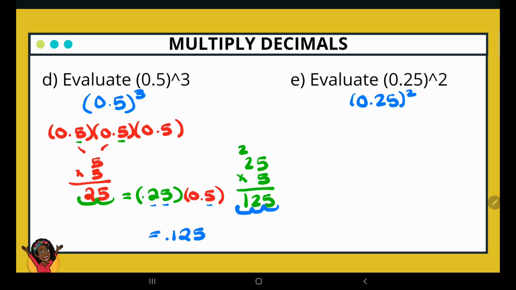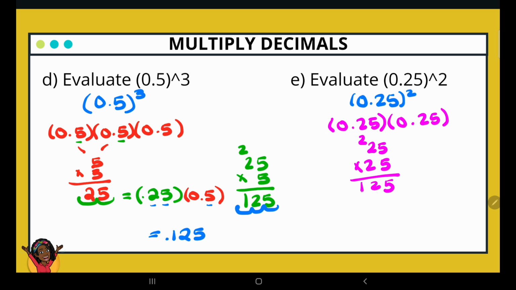Now let's take a look at 0.25 squared. I'm going to multiply the base by itself 2 times, so that's 0.25 times 0.25. Now when I go to multiply, I'm going to rewrite my numbers again without the decimal point. So it's 25 times 25. 5 times 5 is 25. 5 times 2 is 10, plus 2 is 12.